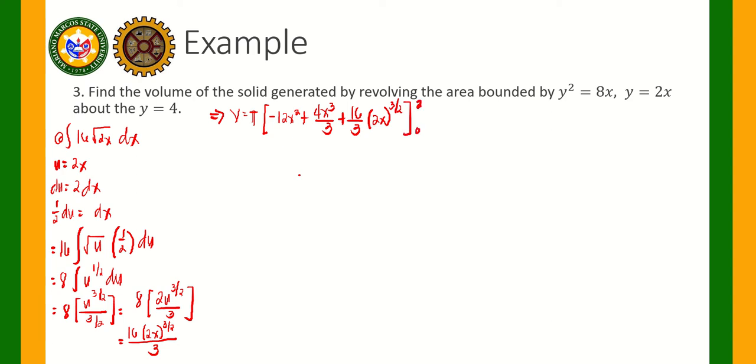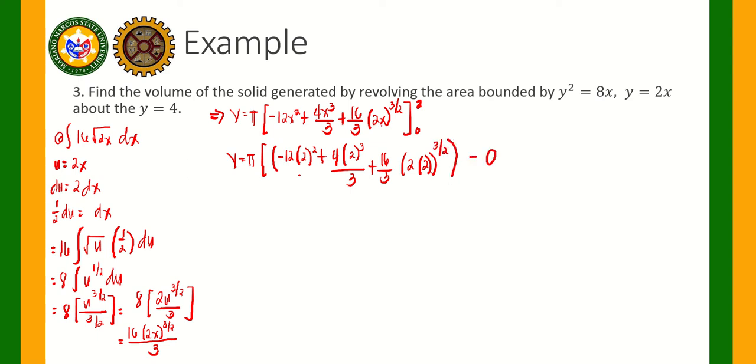Okay, so we plug the values. This will be equal to V is equal to pi times negative 12 times 2 squared plus 4 times 2 cubed all over 3 plus 16 over 3 times 2 raised to 3 over 2. And then minus 0, since yung mga x's natin is multiplied by the numerical coefficients.